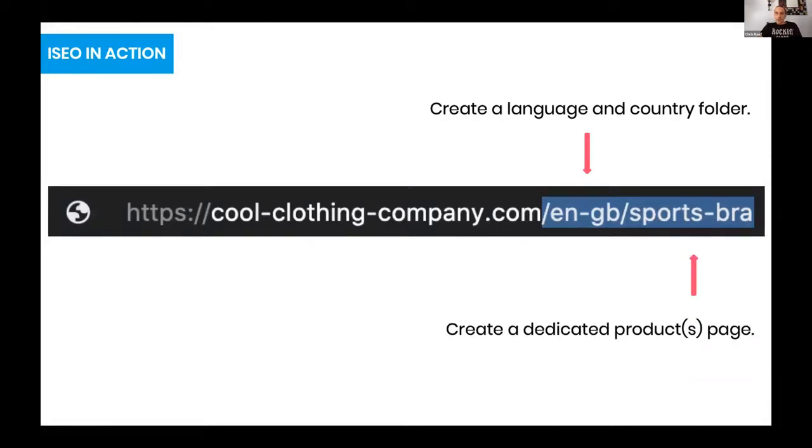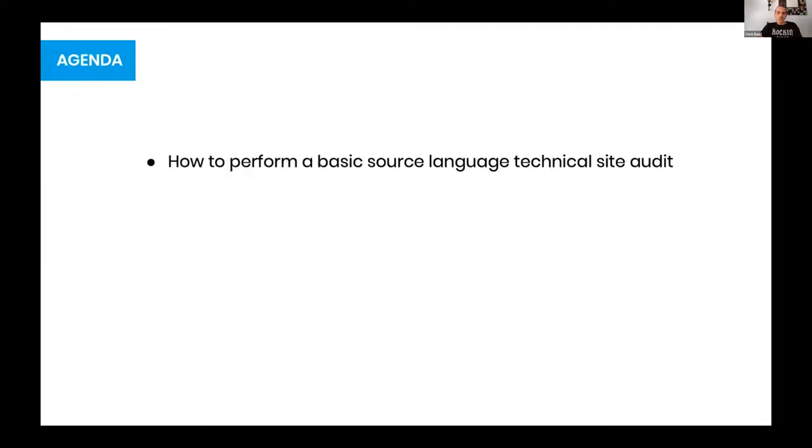And then put up another subfolder or even just a dedicated products page where you can target your audience in the UK. You're going to have to apply tags such as the hreflang tag on the back end. There's some technical stuff that you have to do, but this is extremely easy to implement and you can tap into a new market right away.